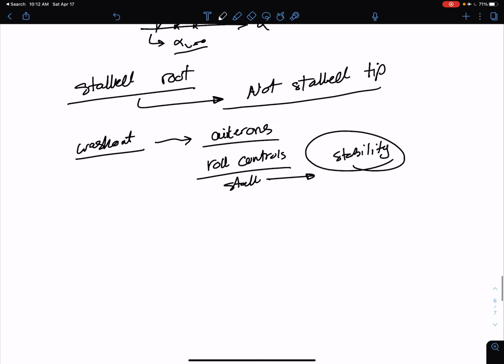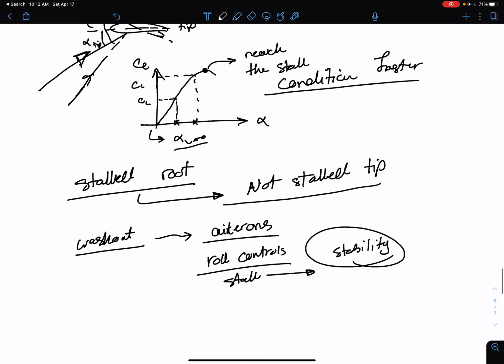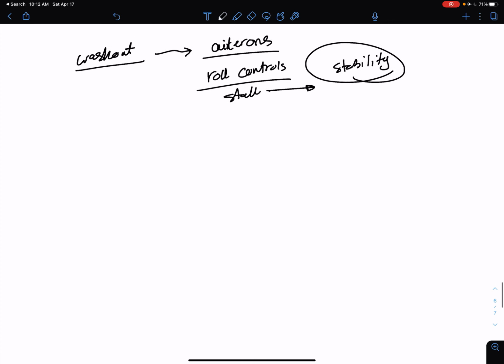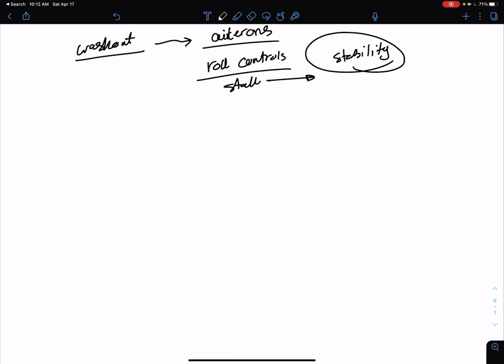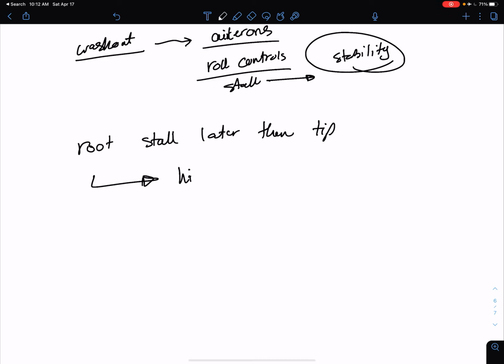But on the other hand, in the other case, when you have wash-in, your root is going to stall later, which is going to result in a higher maneuverability.